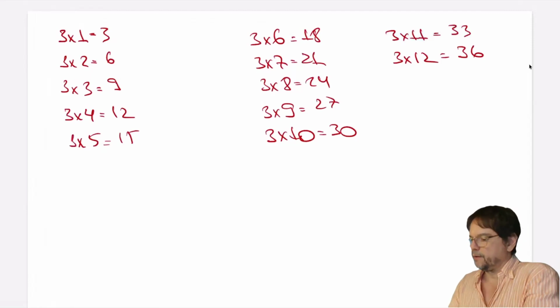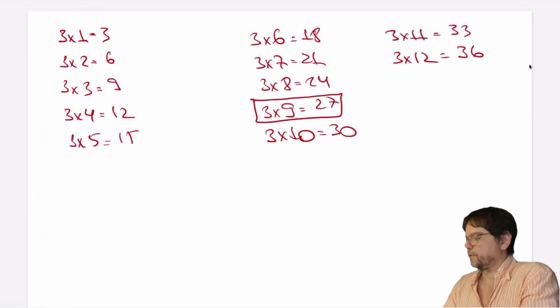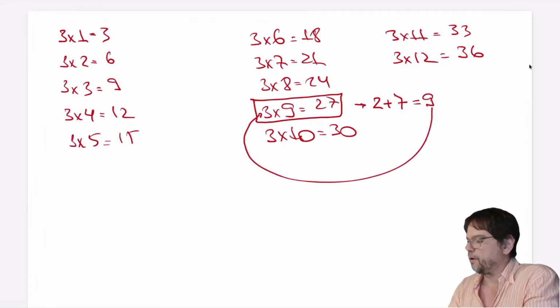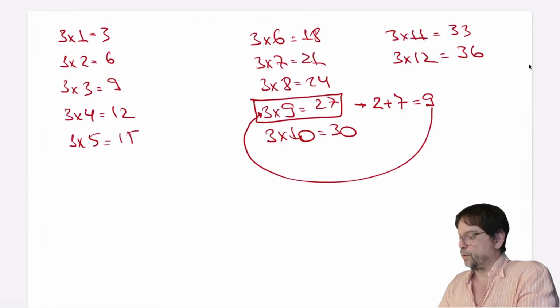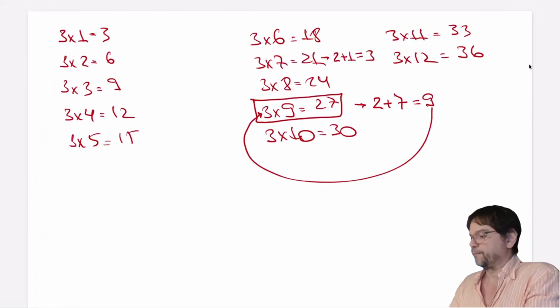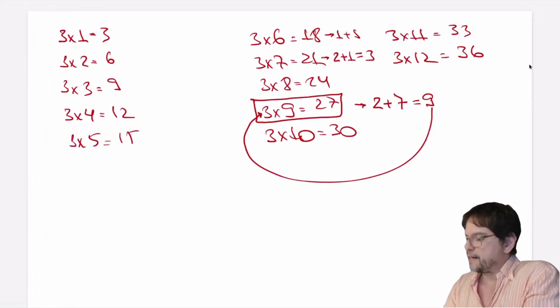Look, 3 times 9 is 27. 2 and 7 are the digits of 27. Do you agree? The ones digit and the tens digit. 2 plus 7 is 9. 9 is a multiple of 3. Look, 21: 2 plus 1 is 3, a multiple of 3. 18: 1 plus 8 is 9, a multiple of 3.